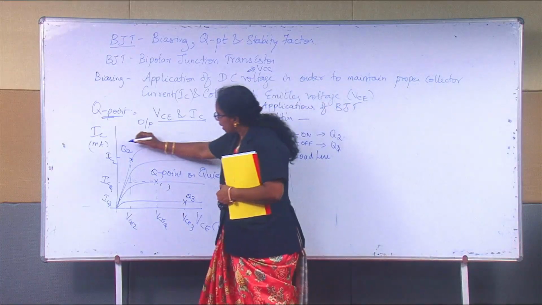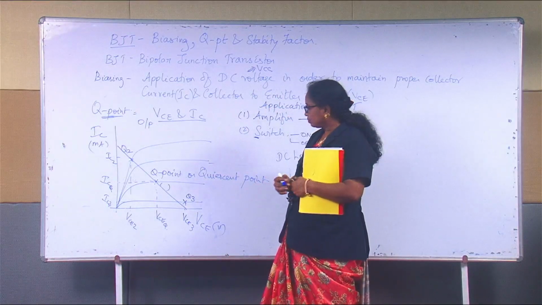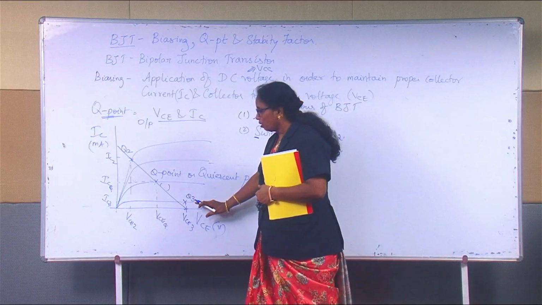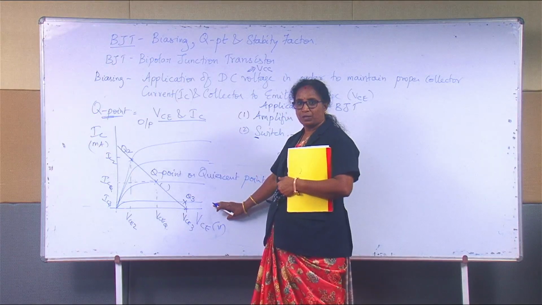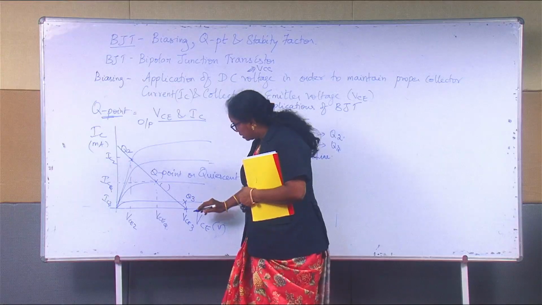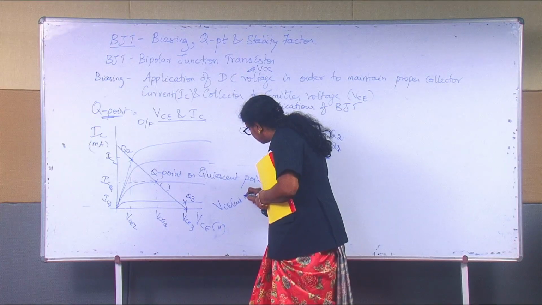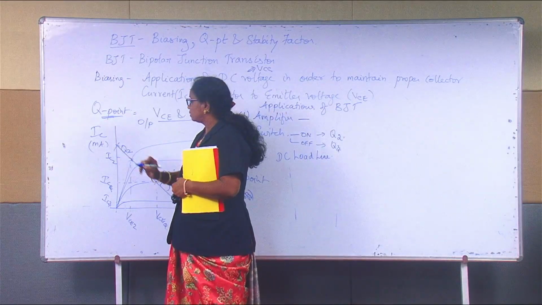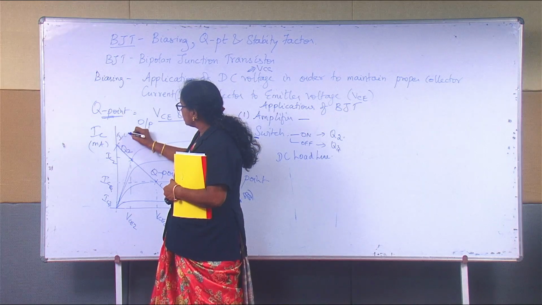So, this DC load line, you can draw for any given biasing circuit. If you take this point, it is said to be VCE cutoff, and this point that's lying on the y-axis is your IC SAT.